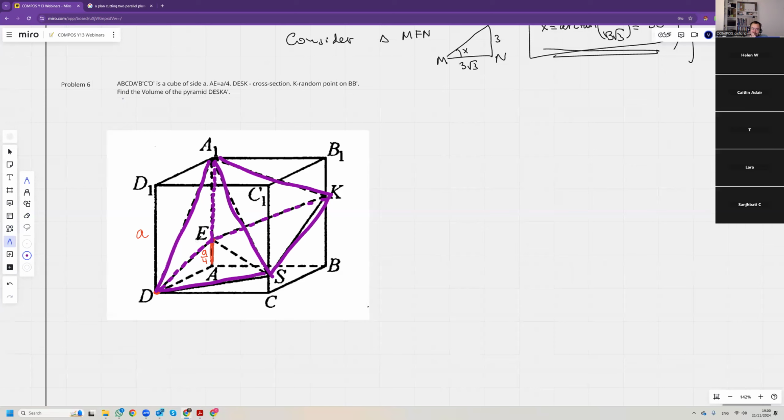I don't even think it is a parallelogram. It might not be. It actually doesn't matter if it's a parallelogram or not. Okay.